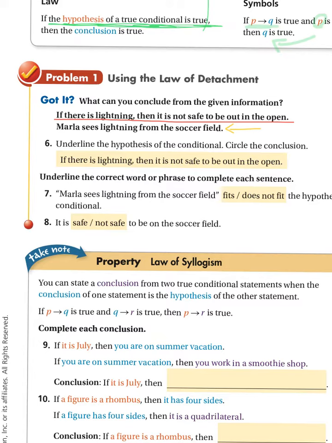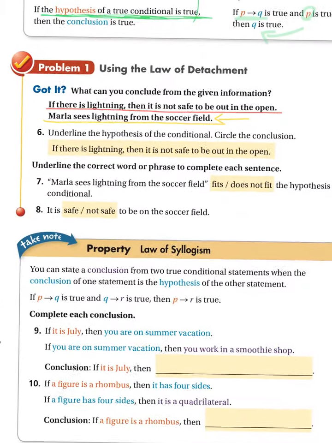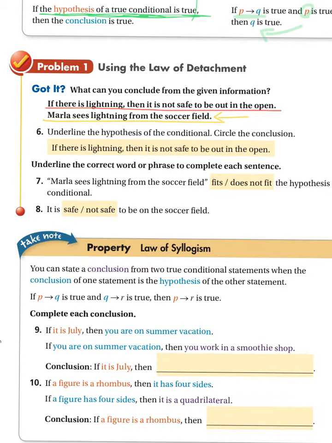What I'm underlining in yellow is not a conditional. It's just an extra piece of information. Marla sees lightning from the soccer field. So the question then is, is the hypothesis true? If there is lightning, so I look at my yellow statement, is there lightning? Yes. So I'm going to be able to make conclusions using the law of detachment here.